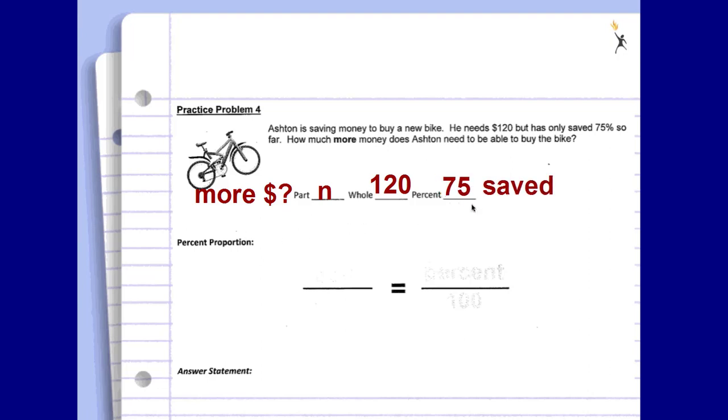So we need to look at this and change something. Can't really change how much more money he needs because that's what we're looking for. So we need to change this, the 75%. If you think about this, if he has already saved 75%, how much more percent does he need?